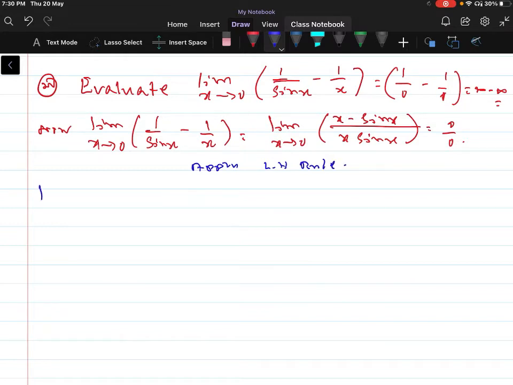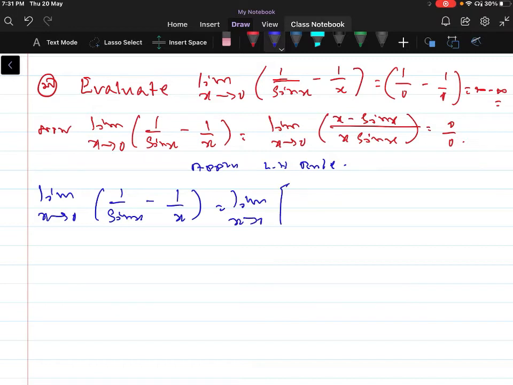So therefore, the limit as x approaches 0 of 1 by sin x minus 1 by x is equal to the limit as x approaches 0. Just differentiate this function, numerator and denominator separately.